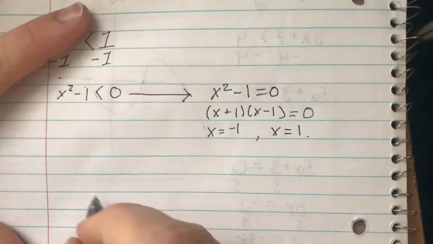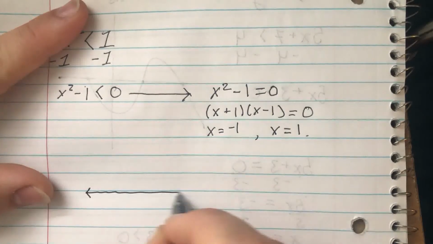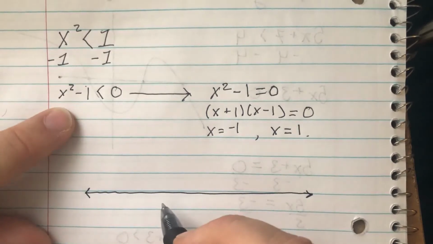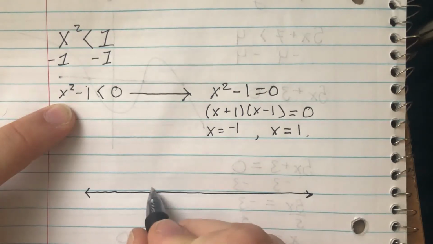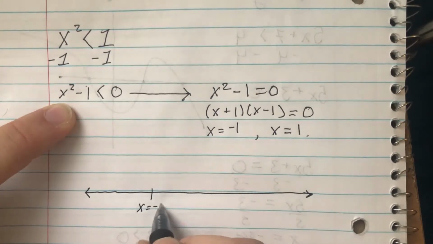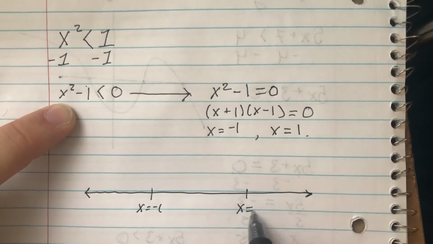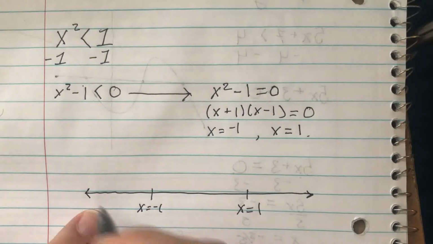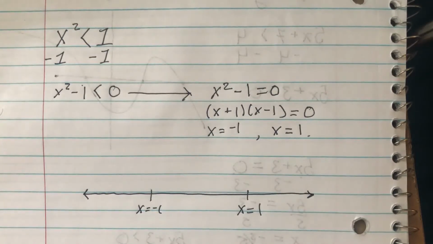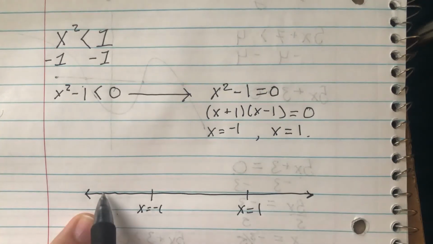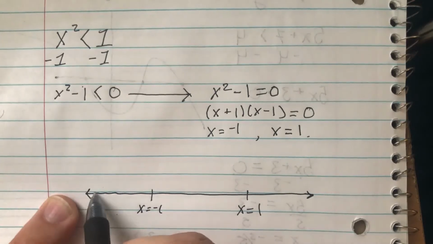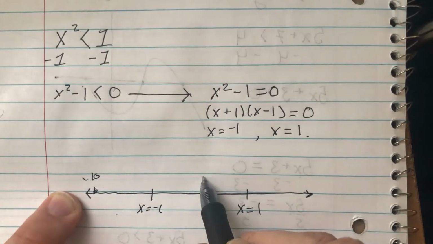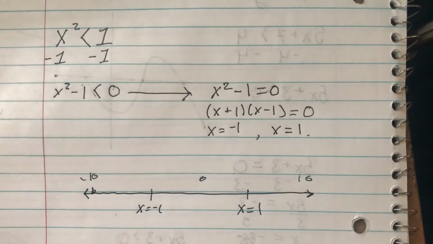So if we have a number line, we know that this function is going to change sign at x equal to negative 1 and x equal to 1. It doesn't matter what numbers you choose, but I'm going to check some number over here, and I'm going to choose negative 10, 0, and 10.